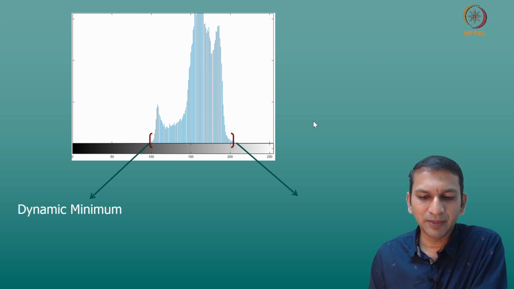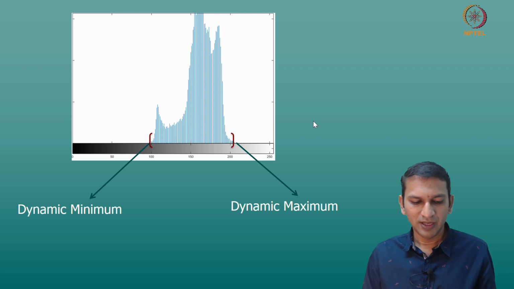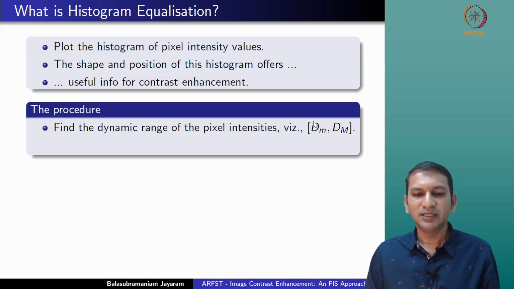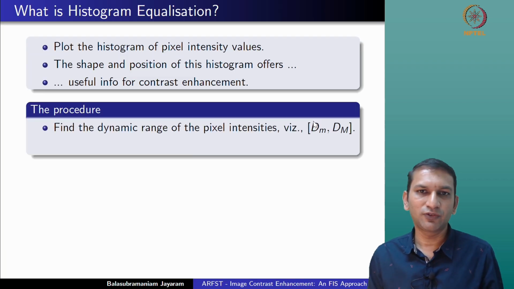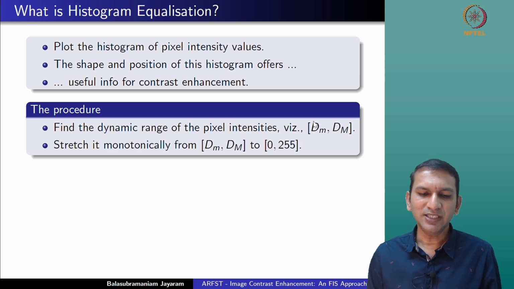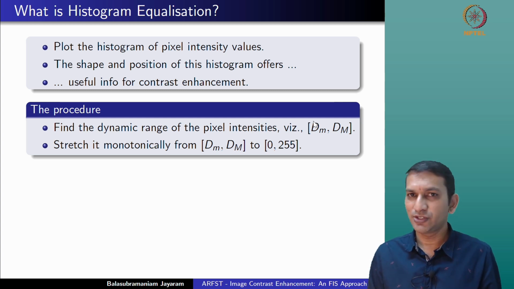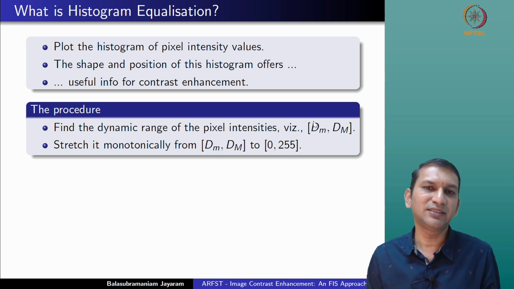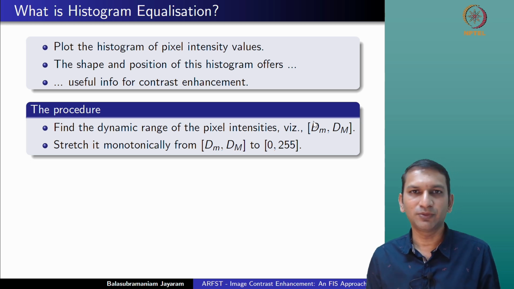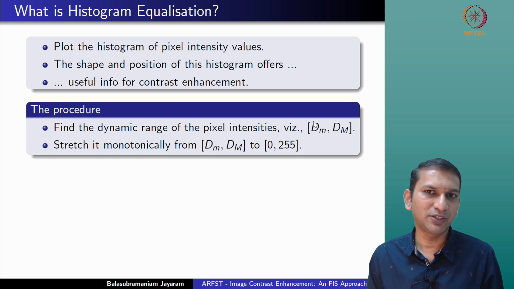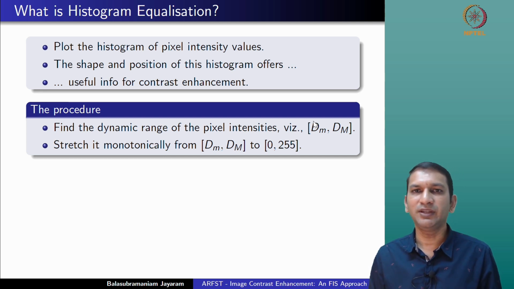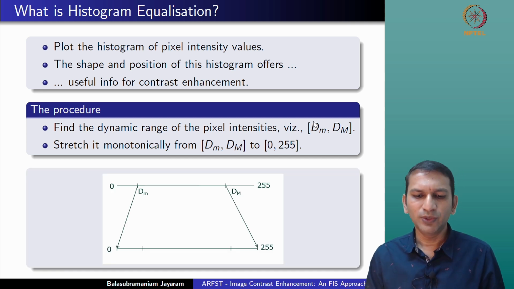So this is the dynamic minimum and this is the dynamic maximum. After finding the dynamic range of these pixel intensities, we essentially stretch it monotonically from this dynamic range to the entire 0 to 255 interval. Histogram equalization essentially does this monotonic transformation of the dynamic range of a picture to the entire 0 to 255 interval. So visually, this is exactly what it does.